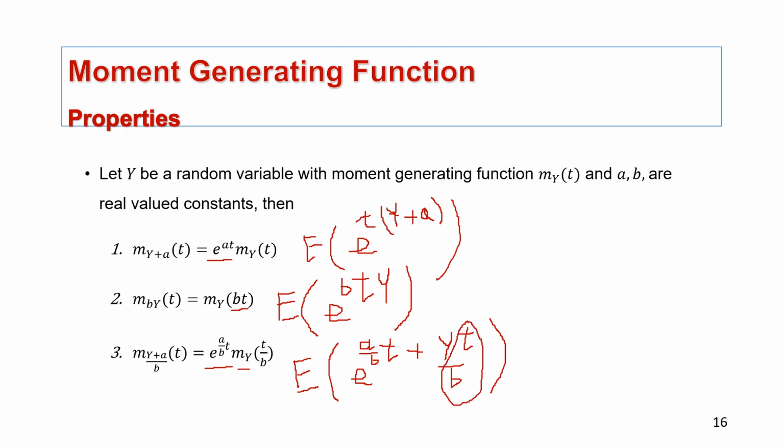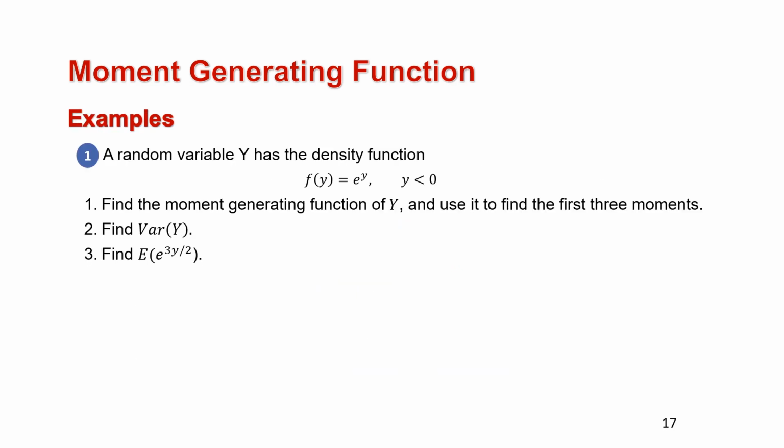It's a constant, and here instead of the constant t, the constant in this case will be t over b. It's very simple, and it's not necessary to memorize these rules. You can find them just by one step.